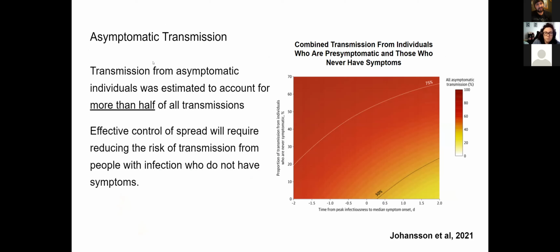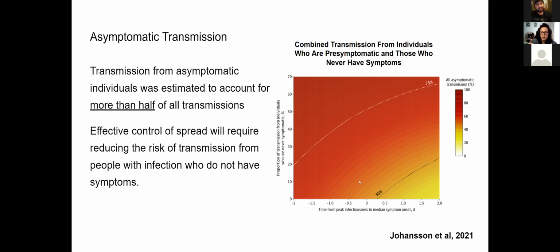So now we're going to go back to talking about horizontal transmission, person to person. The most recent estimates, from 2021, are that over half of all transmissions were from asymptomatic individuals. This sunburst-looking graph shows percent infectivity, or percent transmission, relative to the time between when you have an onset of symptoms and when you're infectious.